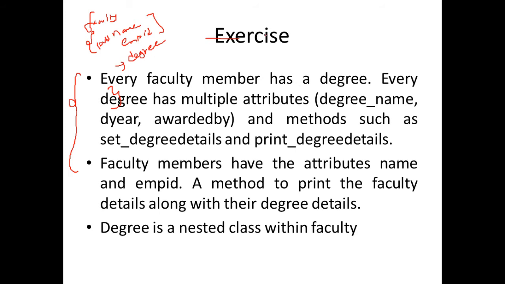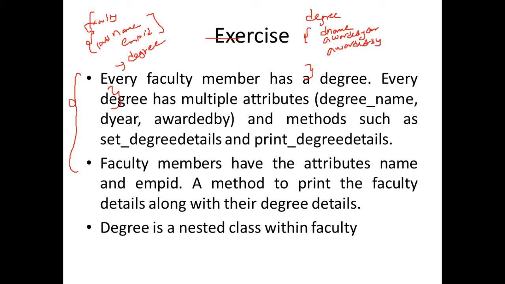But when you take a look at this attribute or data member degree, this is a very complex attribute. When you think about degree, degree itself is a class. For instance, degree might have other attributes like the name of the degree, which I'll call degree name, the awarded year, when this degree was awarded, and awarded by, which university awarded this.